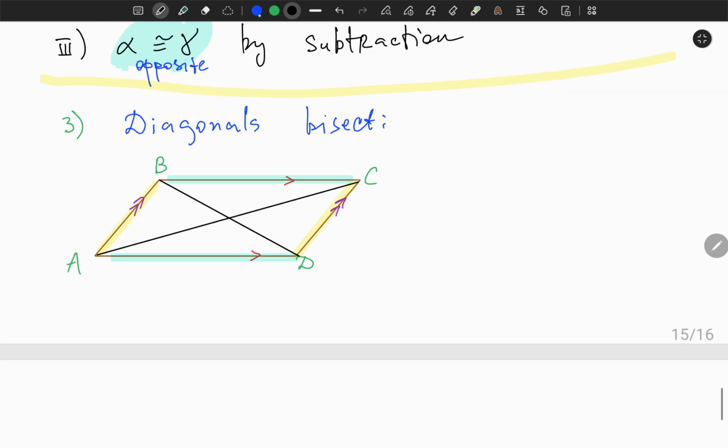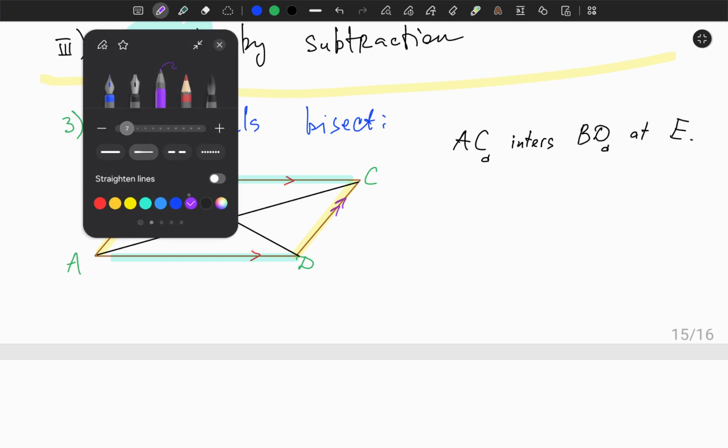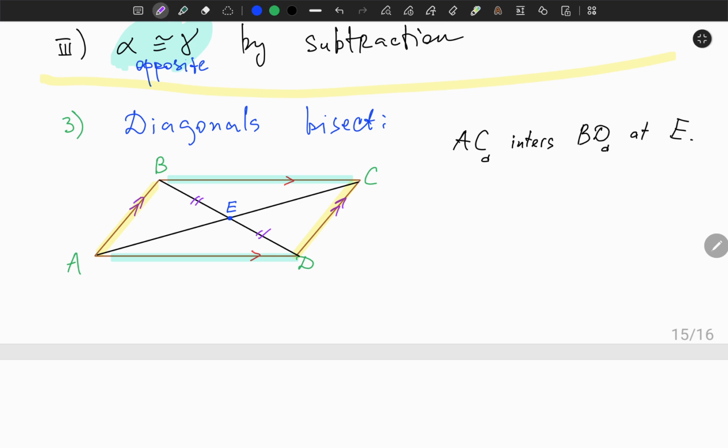You try to prove that they bisect. What does bisect mean? Let their intersection be E. Point E, the diagonals' intersection. Let diagonal AC intersect diagonal BD at point E, which means we're going to try to prove that BE is congruent to ED because it bisects, and AE is congruent to EC.